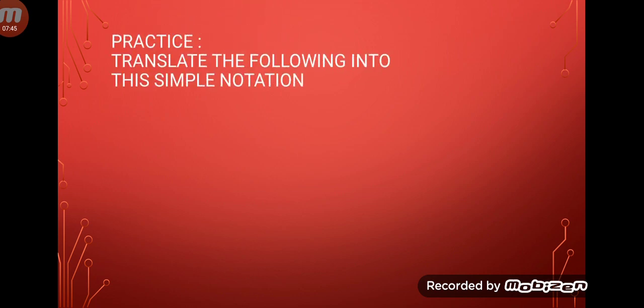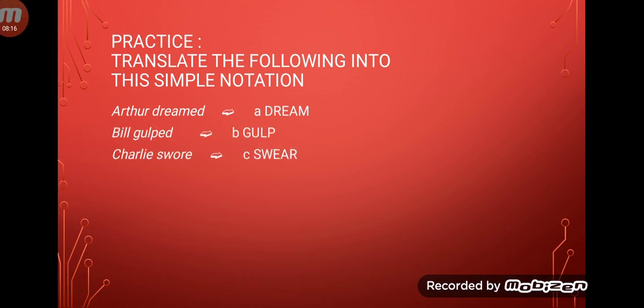Okay, now we practice the instruction from the book to translate the following into this simple notation. Arthur dreamed: Arthur we write with a, and dreamed is just dream, the verb 1 form. Bill gulped: b gulp. Charlie swore: c swear.